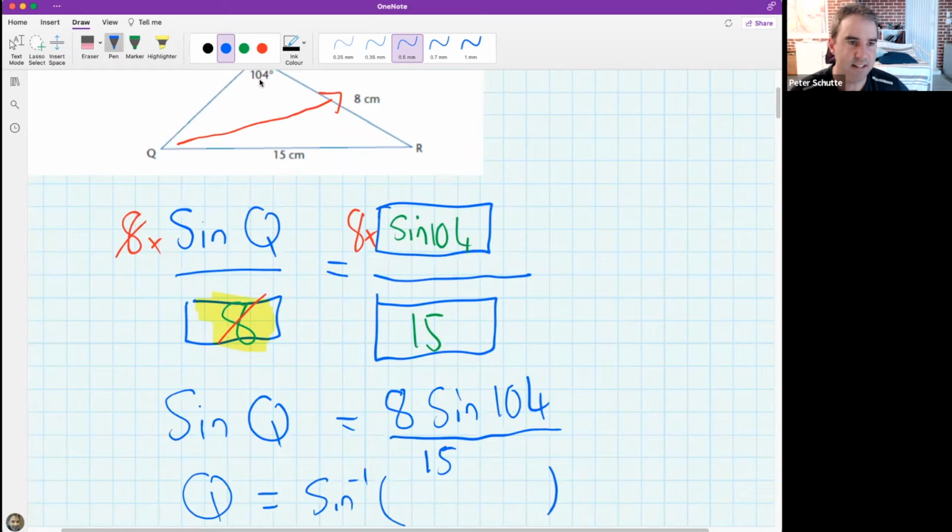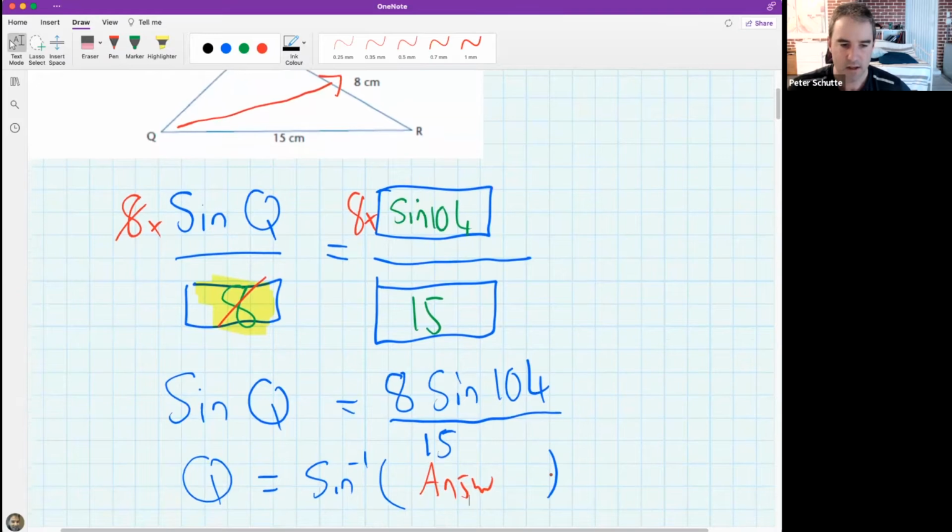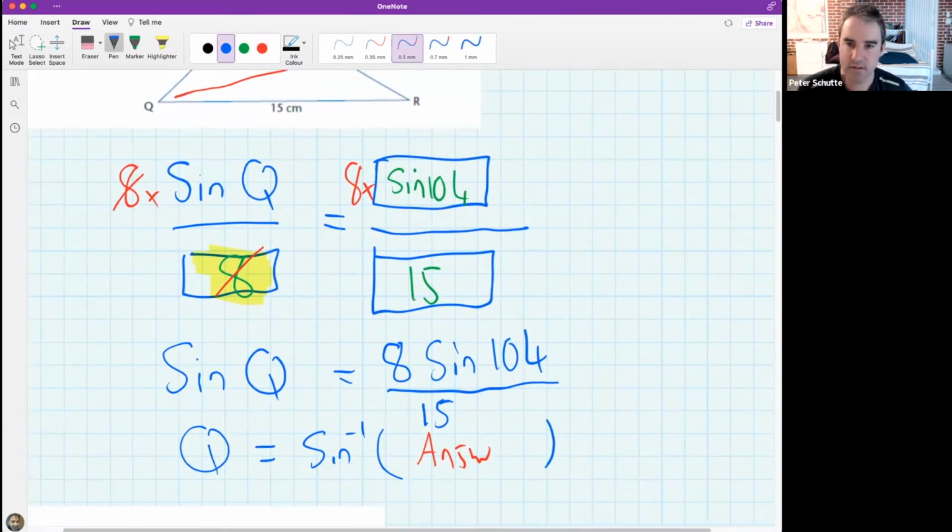And then you're going to take the answer that you got from above, and use that. And I'll put this in here. Q is going to be equal to, you're going to get, so shift.